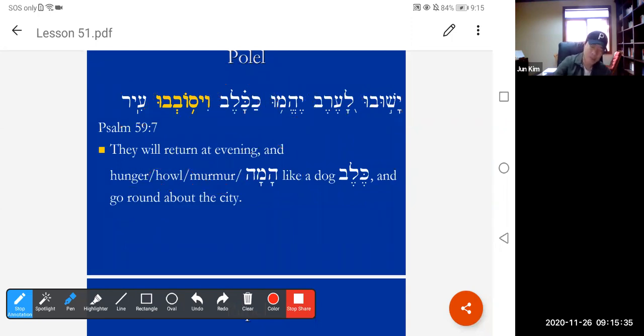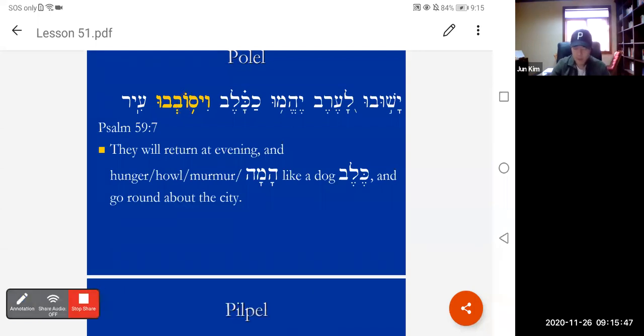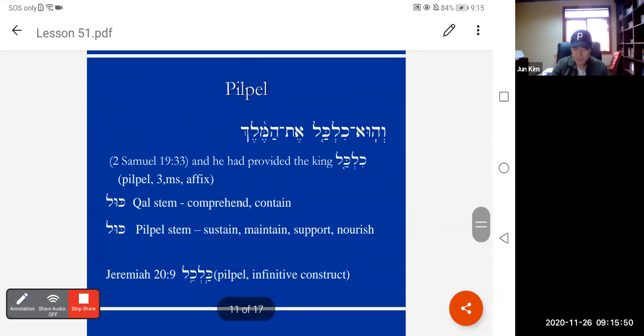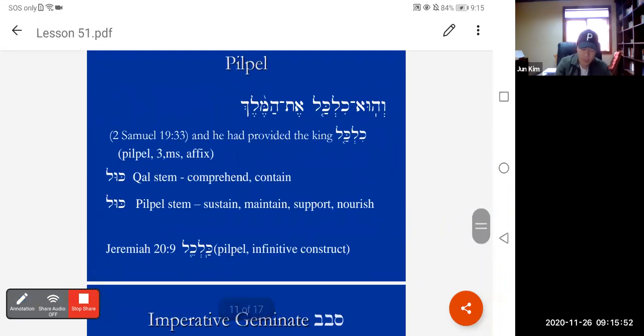It's not really important, but I think you need to be familiar with this indicator of pollem for pollet. Okay, in case of germinative verbs. Let's move on. Pilpel.